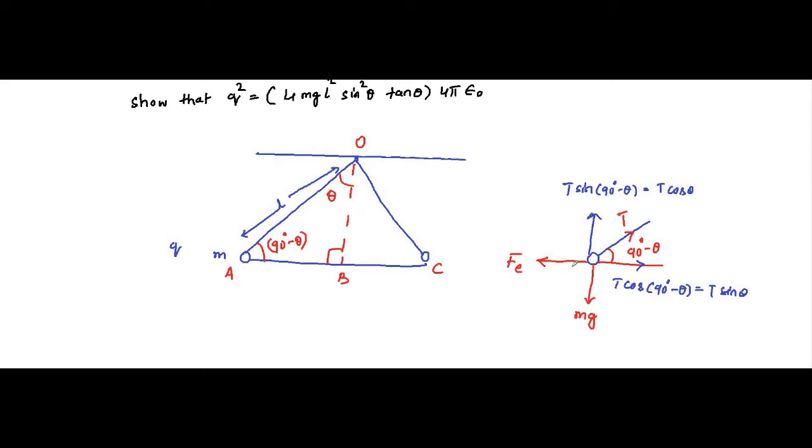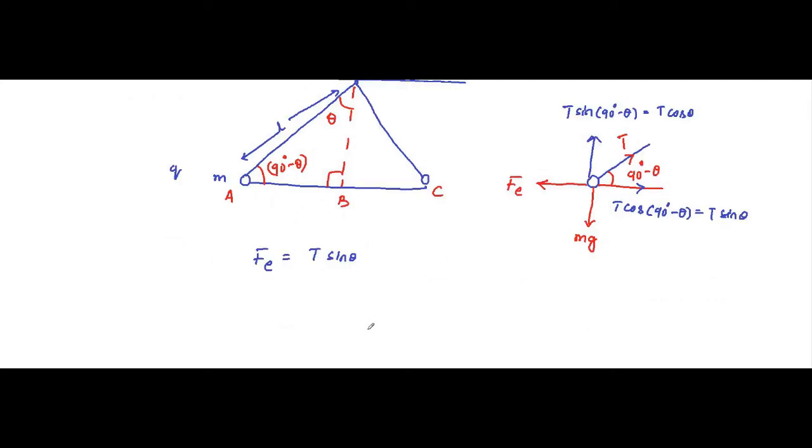So now we have resolved the forces along different directions. Now we have to equate them. So here Fe is equal to T sin theta and mg is equal to T cos theta.